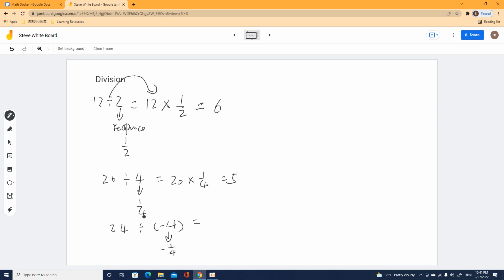So you transfer this like this: 24 multiply negative 4's reciprocal. This is 1 6. So that is negative 6. Anyway, remember, because division is the inversion of multiplication, we can transfer the division into a multiplication. After you transfer it, you can use the previous rules we learned about how to do the multiplication. You can definitely get the correct result.